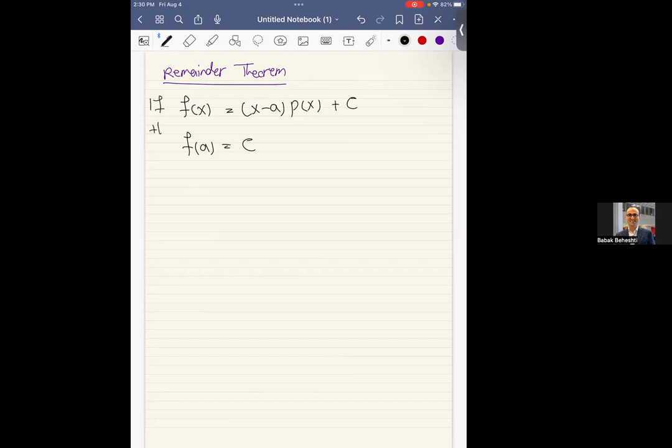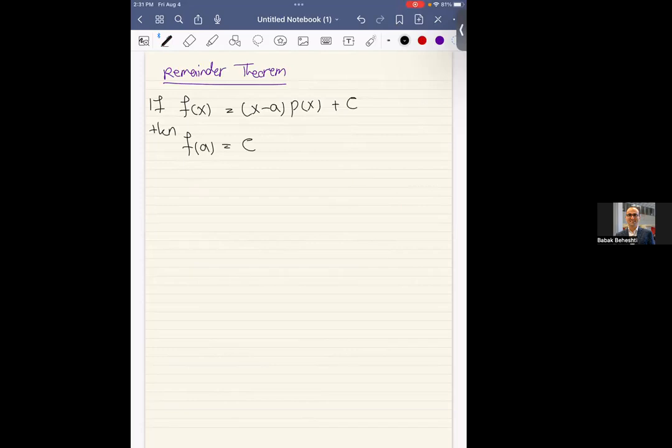If you basically divide f of x by x minus a, the divisor is x minus a, you get p of x, but the remainder is some constant c. That means f at a is equal to c, right? Because if you plug x equal to a, x minus a would be 0, so f of a is just equal to c.